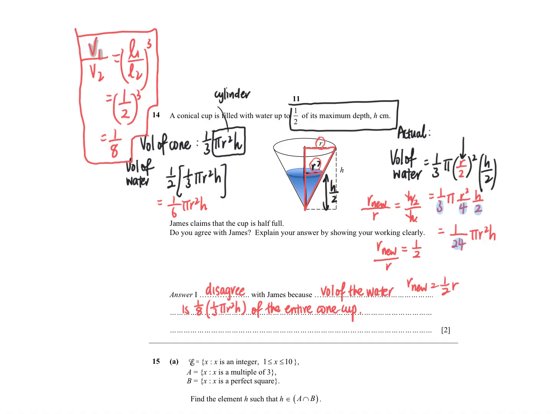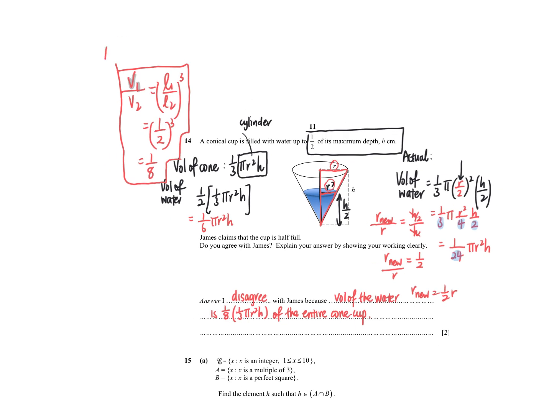So when you half your radius, you cube the ratio, it is 1/8 of it. It can never hit half. So be careful. You can also use this alternative. So volume is 1/8. Okay, not half.